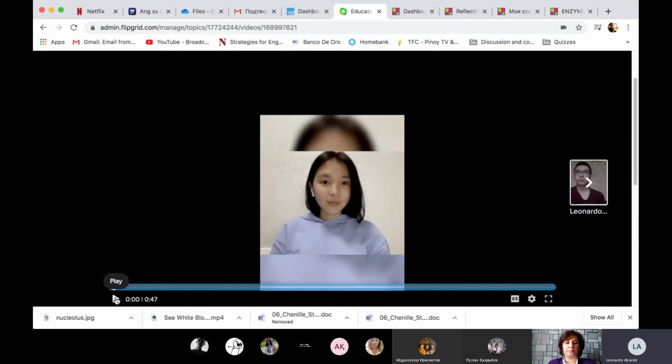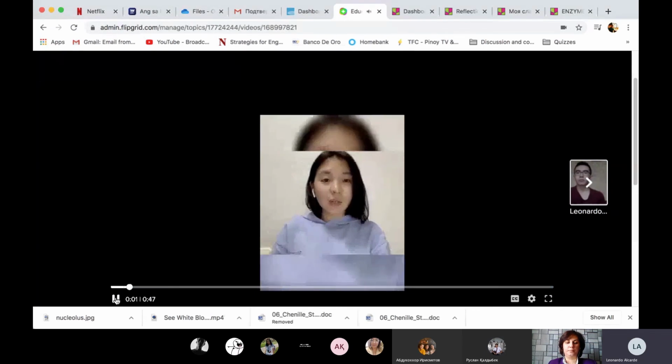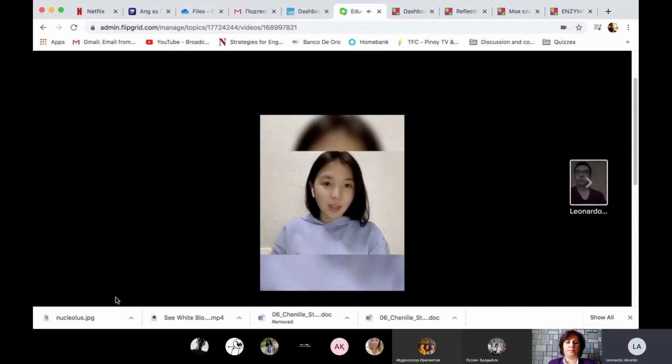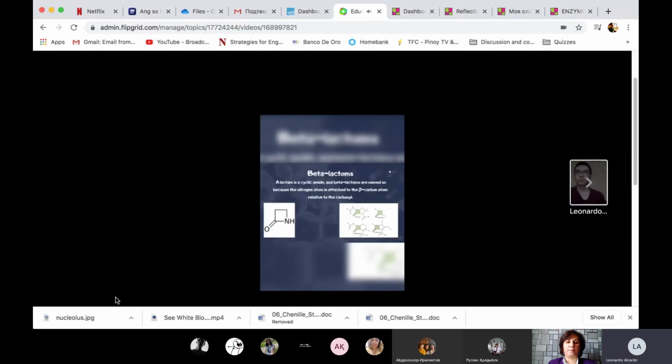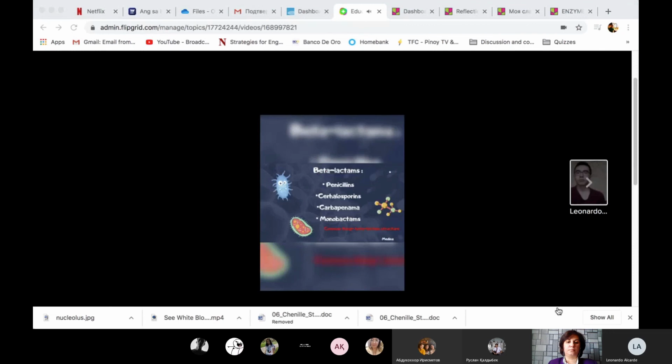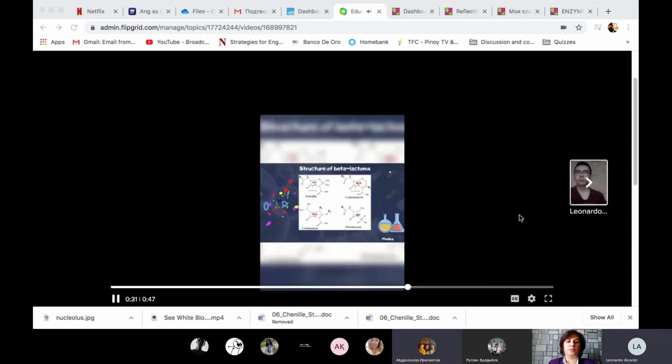Hello, my topic is beta-lactams, and I want to talk about the structure and use of this enzyme. So let's start. Beta-lactams are named so because the nitrogen atom is attached to the beta-carbon atom relative to the carbonyl.